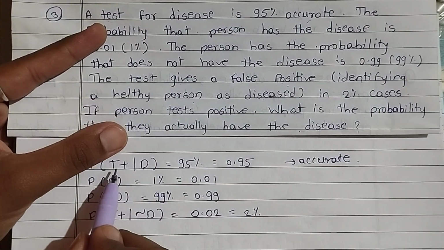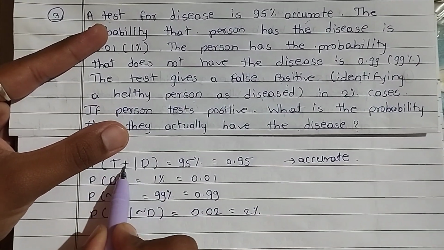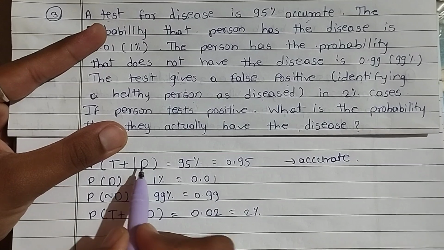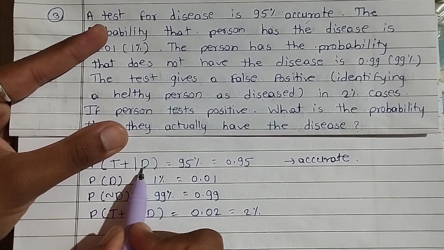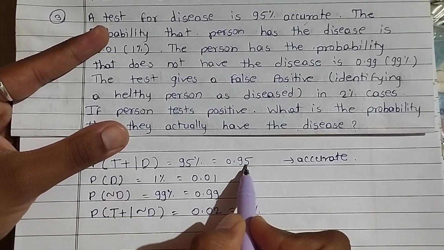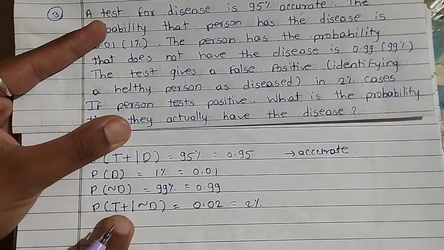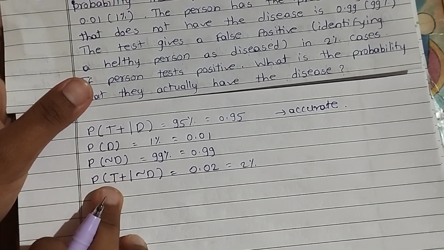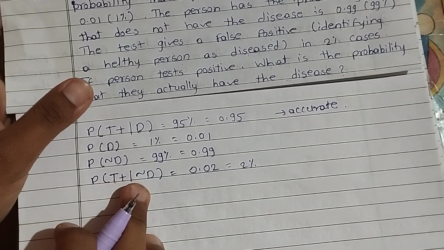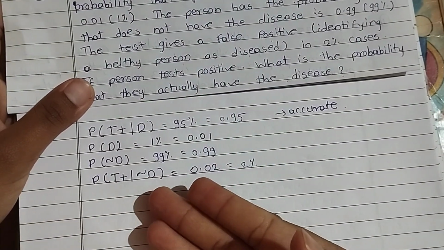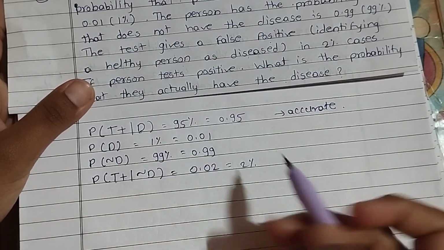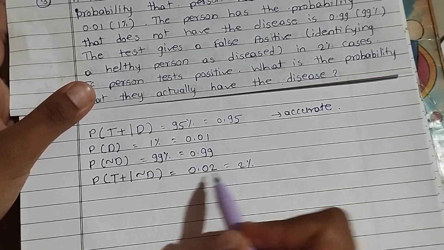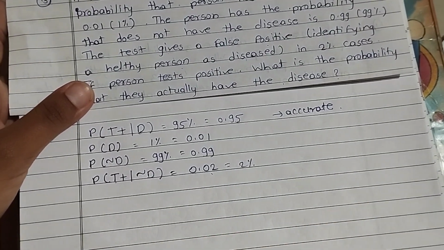Accurate means the test says positive and the person really has the disease, 95%. A false positive means inaccurate: the test shows positive but the person does not have the disease, which is 2%, or 0.02.